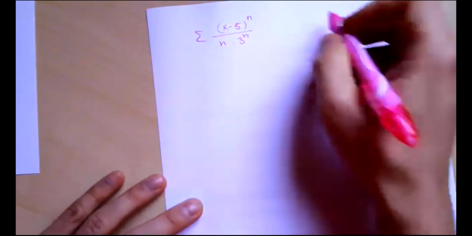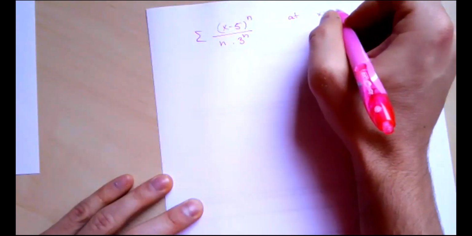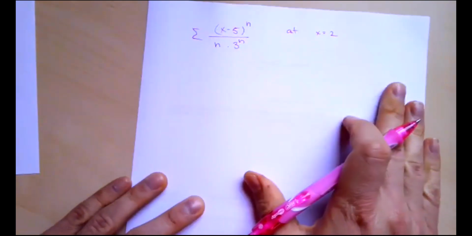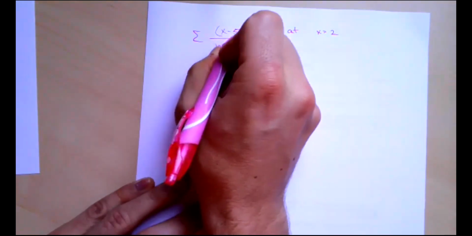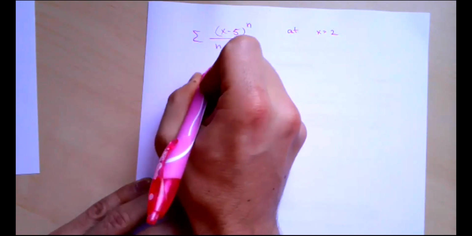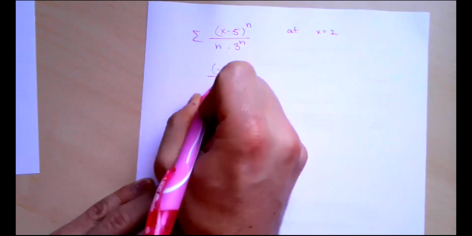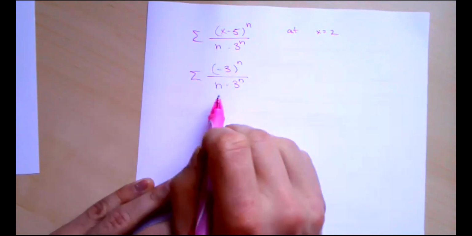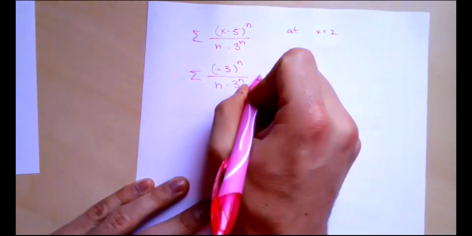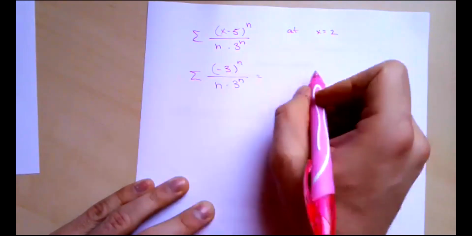And so what's going to happen at x equals 2? We will get 2 minus 5 gives me a negative 3, all to the n over n times 3 to the n. Be careful because this isn't always the case, but at the left endpoint here, what do we see?